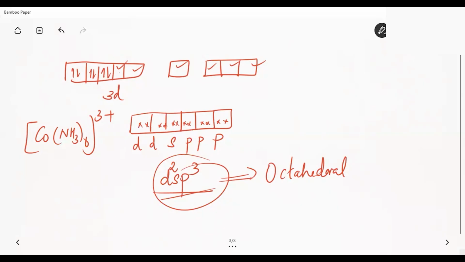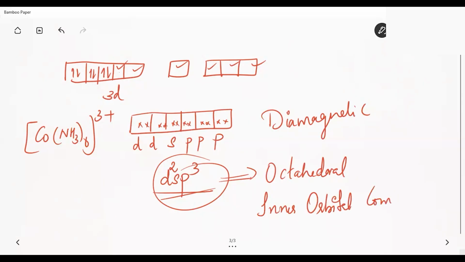No, there are no unpaired electrons, which means the complex is diamagnetic. In forming this complex we used the inner 3d orbitals, so it is an inner orbital complex. And it is low spin, since the electrons are forced to pair up.